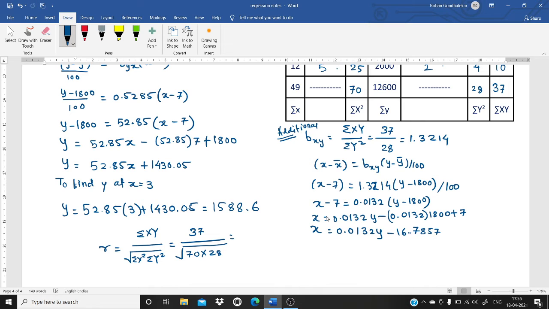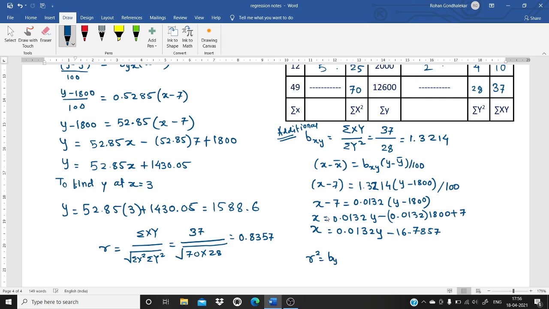Calculate this. Finish. So your R value is 0.8357.